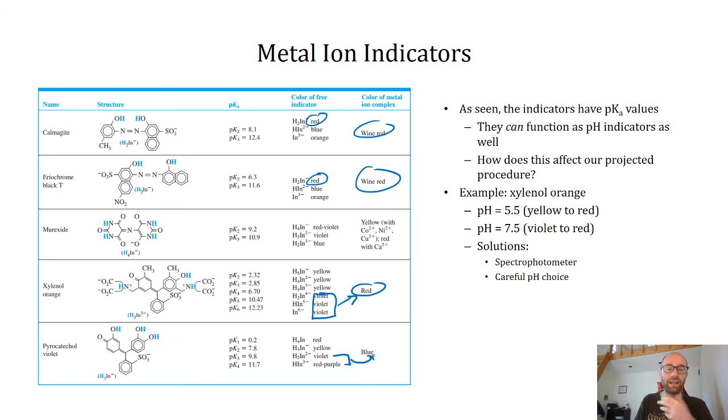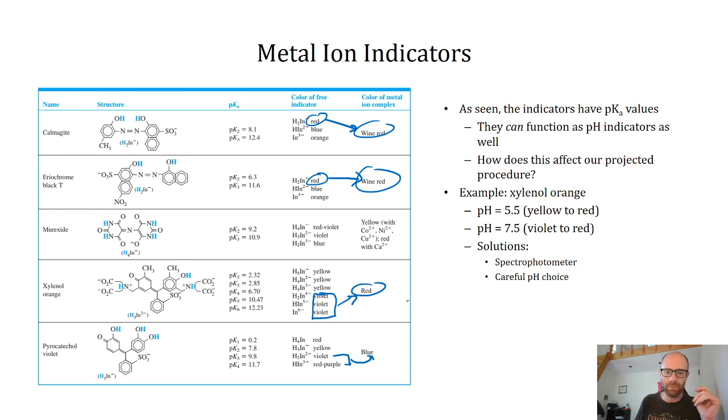I mean, look, my color blindness aside, if you have an indicator that in the absence of your metal is red, and in the presence of your metal is wine red, you're going to have a hard time hitting the target in your titration. Yeah, will you see the difference? Sure, but by the time you notice it, you may have overshot your equivalence point.